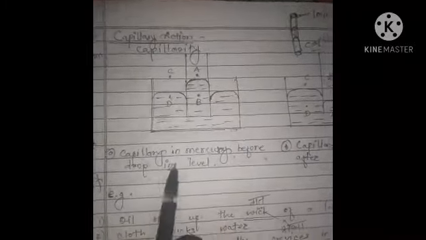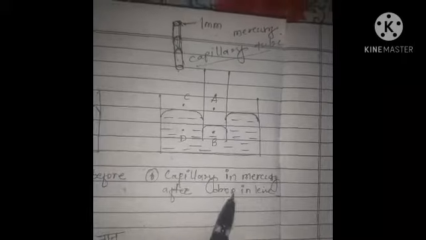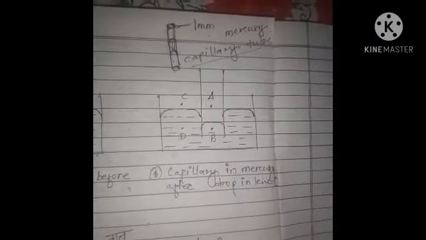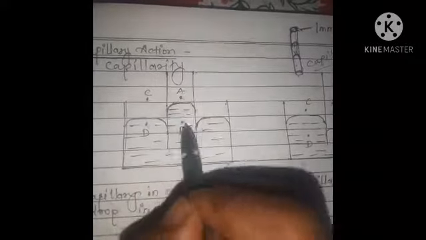This diagram represents the capillary tube dipped in mercury before the drop in level, and this diagram represents the capillary in mercury after the drop in level. See this diagram.